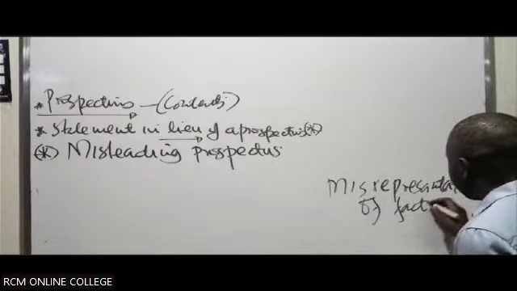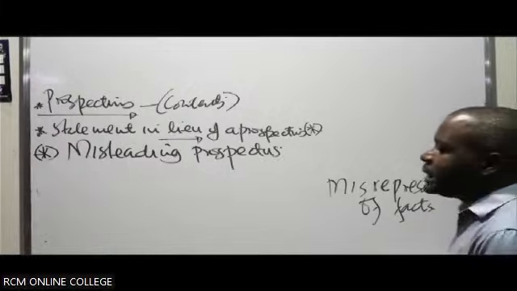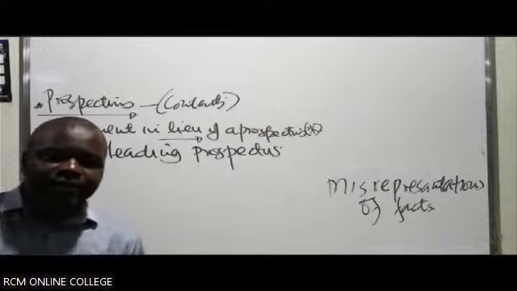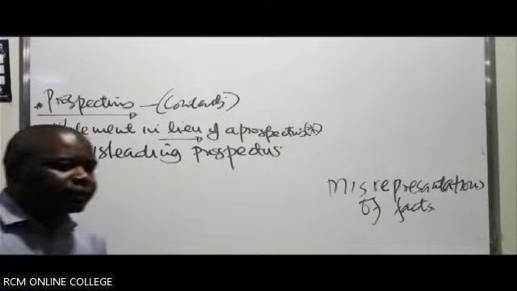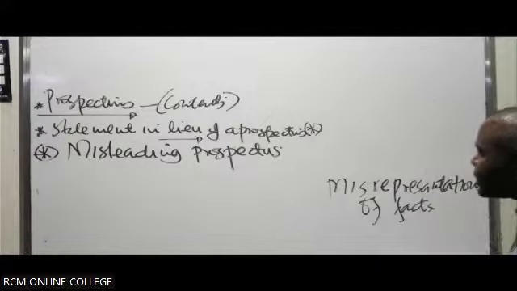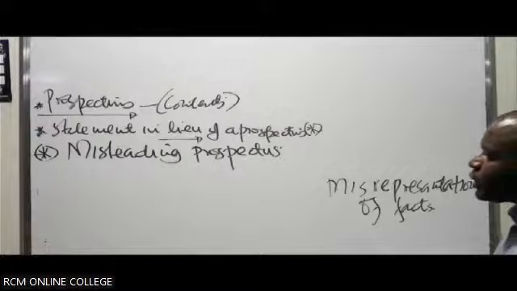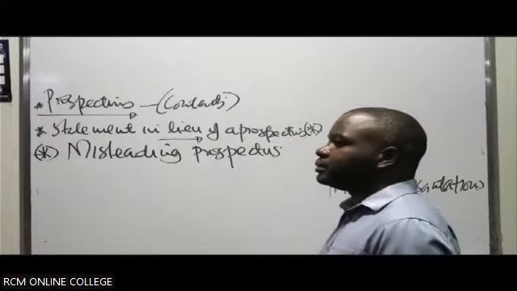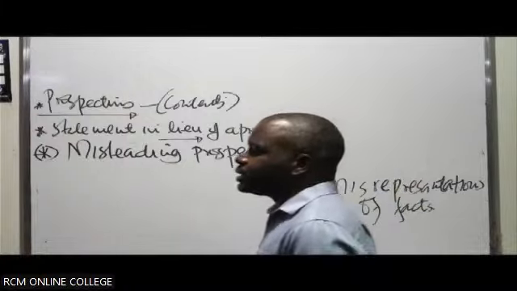Remember, this particular prospectus is what forms the basis of agreement or contract between an investor, a shareholder, and the company. If some of the contents were not factual, were not true, then we call that kind of a prospectus a misleading prospectus.